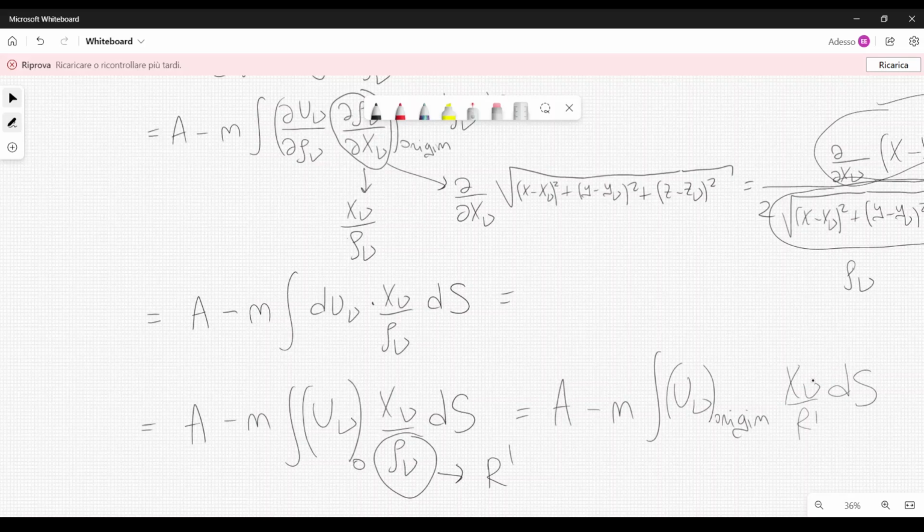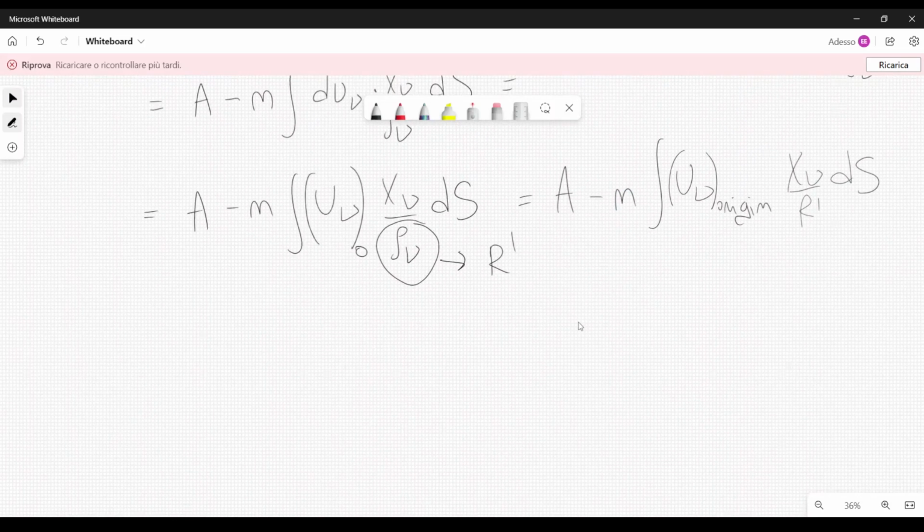And now we can also use the expression for the velocity, and in particular, we can keep only some terms for the velocity u_ν. We will neglect high order terms.